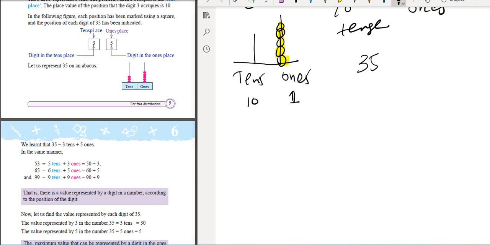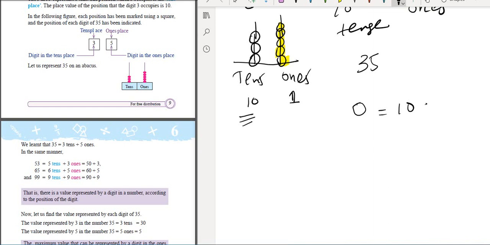Can we write 30 beads here? We don't need to write 30 beads because one bead is equal to 10. They are asking how many tens are here. So 1 ten, 2 tens and 3 tens are here. 10, 20, 30. Understand? So don't get confused.